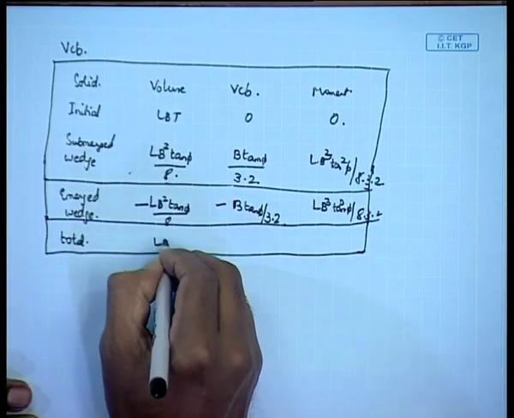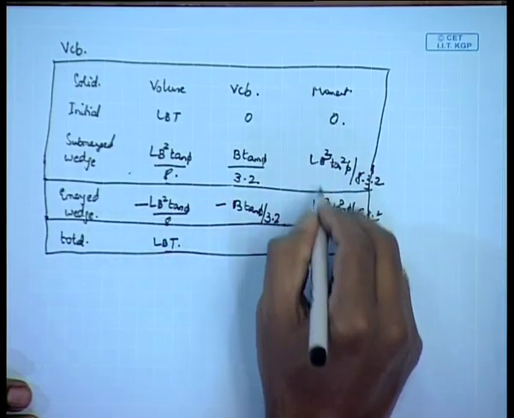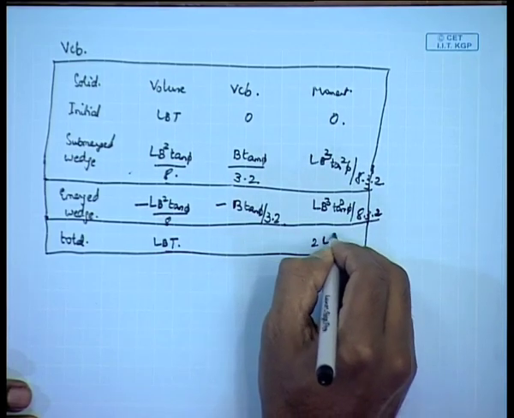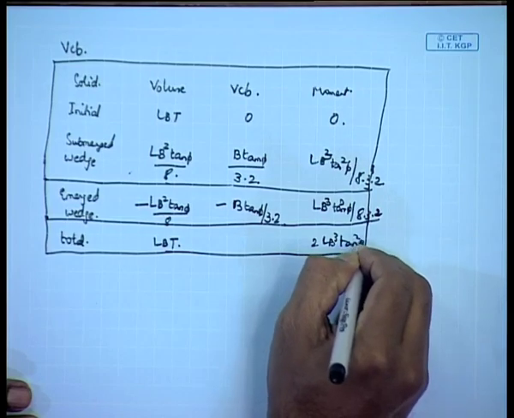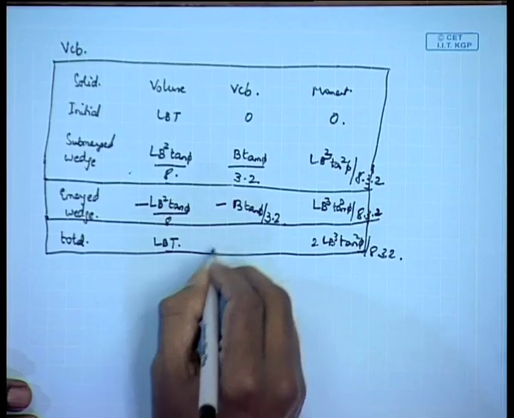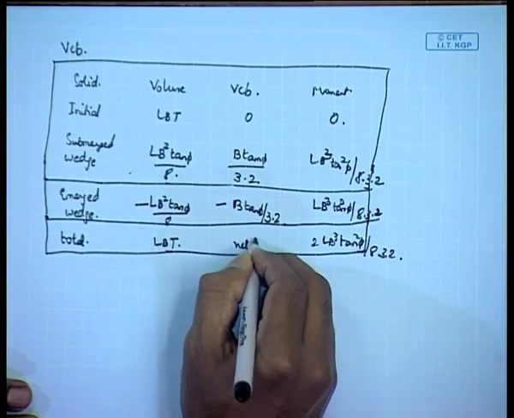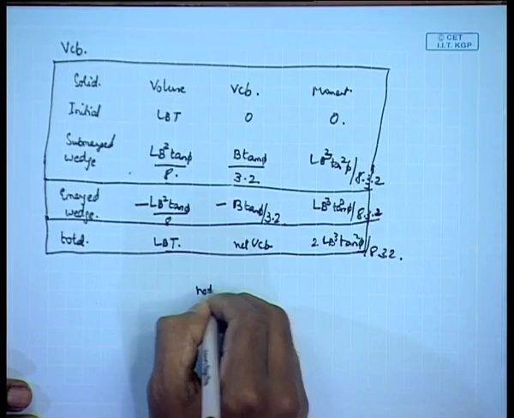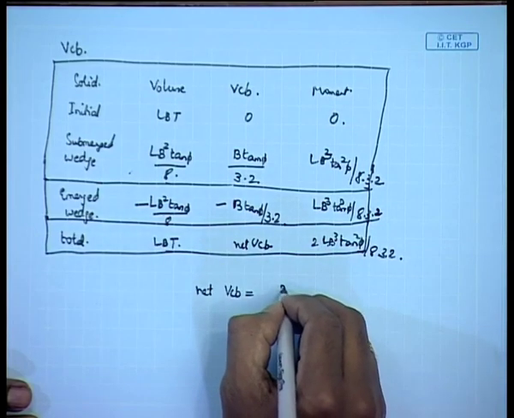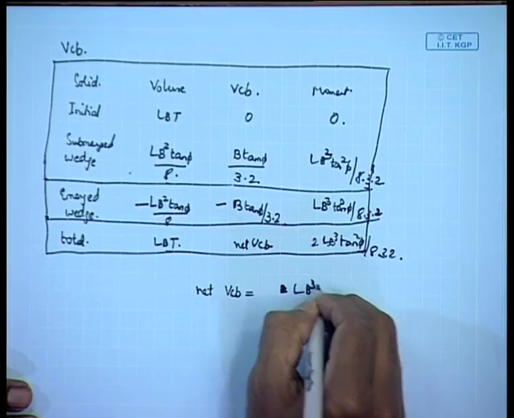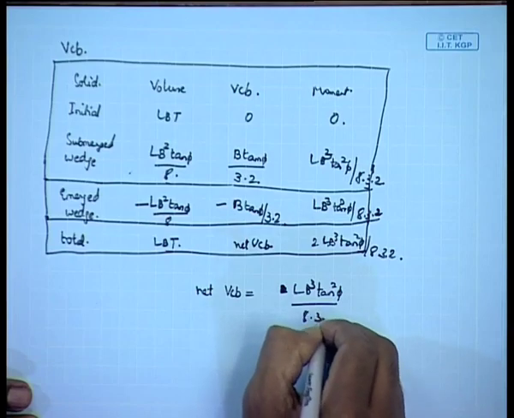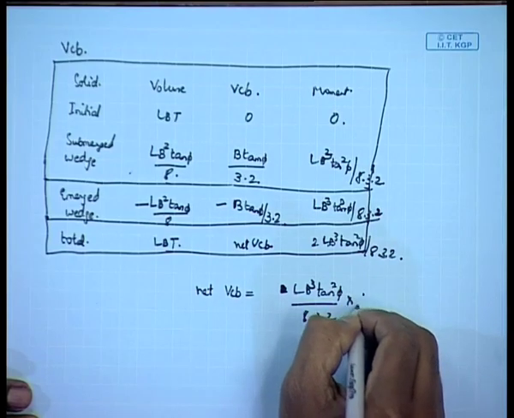volume is equal to LBT and moment is the sum of these two, which is twice L b cubed tan square phi by 8 into 3 into 2, and the net VCB is given by this moment divided by this volume, which is L b cubed tan square phi by 8 into 3 into 2 divided by LBT.